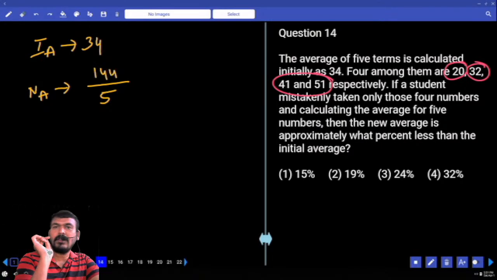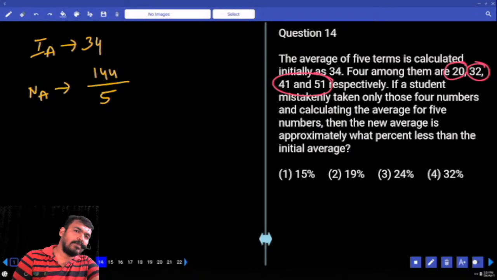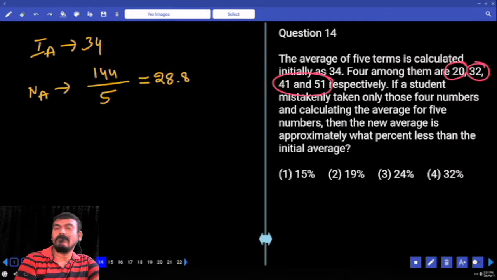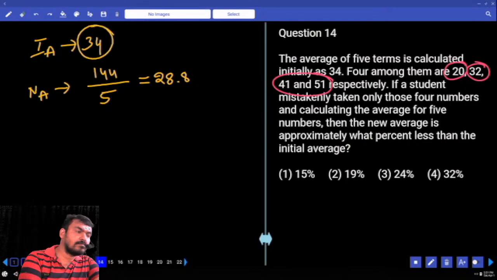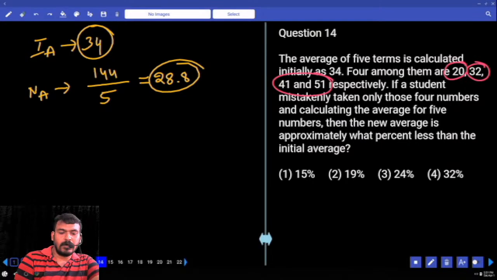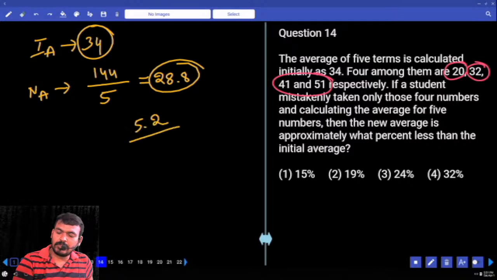The sum will be 144, but it is distributed for 5 numbers. 5 means we multiply by 2 and divide by 10, so the numerator becomes 28.8. What is the original average? 34. What is the new average? 28.8. How much value is less? 5.2.